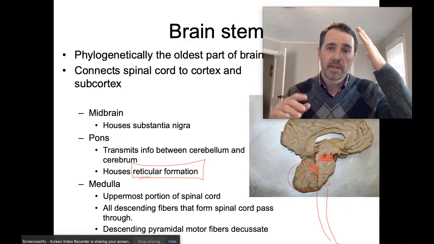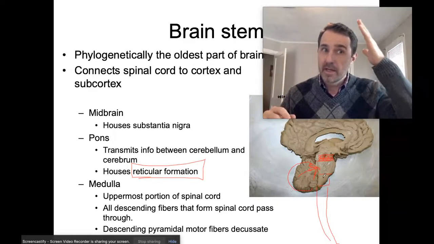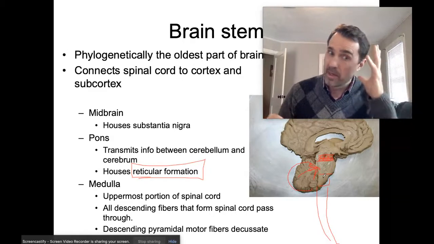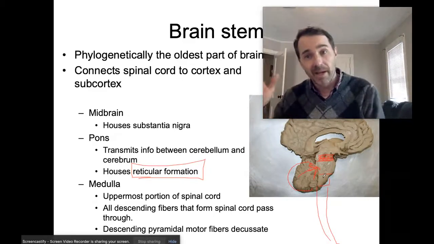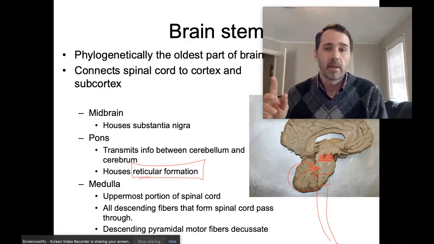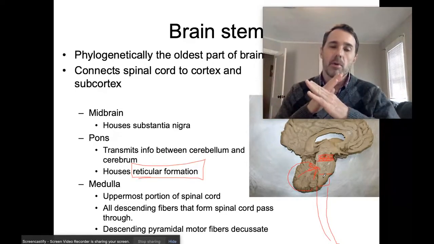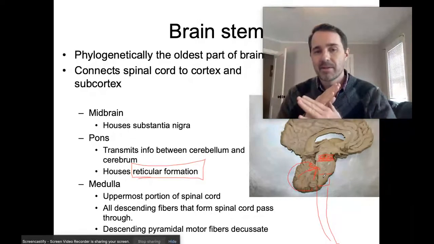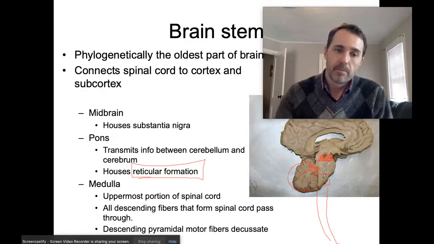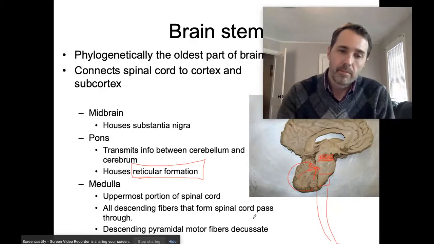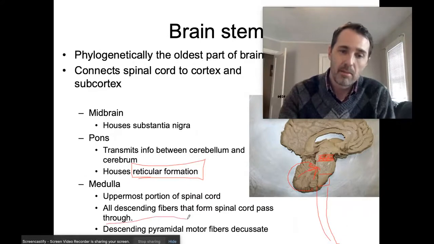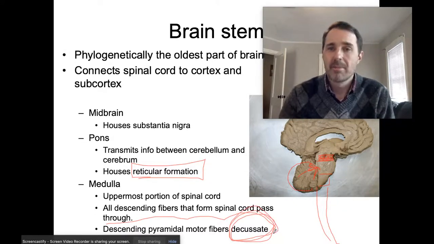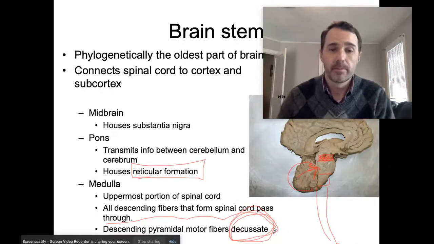But at some point, that signal has to get from the right side of my brain over to my hand, which is moving, on the left side of my body. That crossing of those motor pathways happens at the medulla. That is what is referred to here when this says descending pyramidal motor fibers decussate. We use the word decussate in this context to mean that they cross from one side to the other.